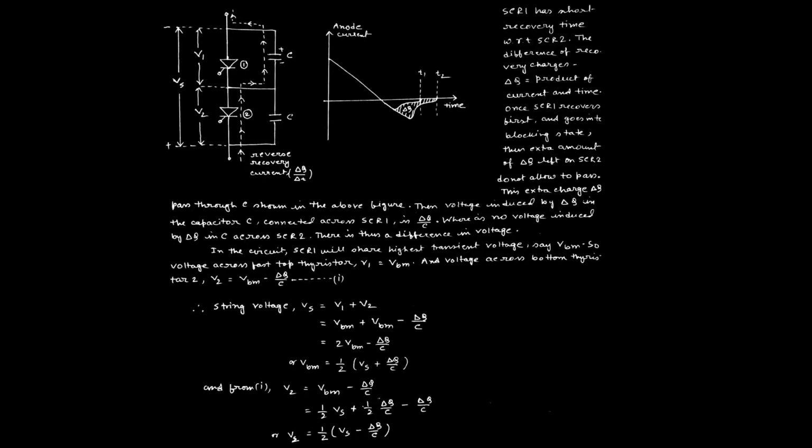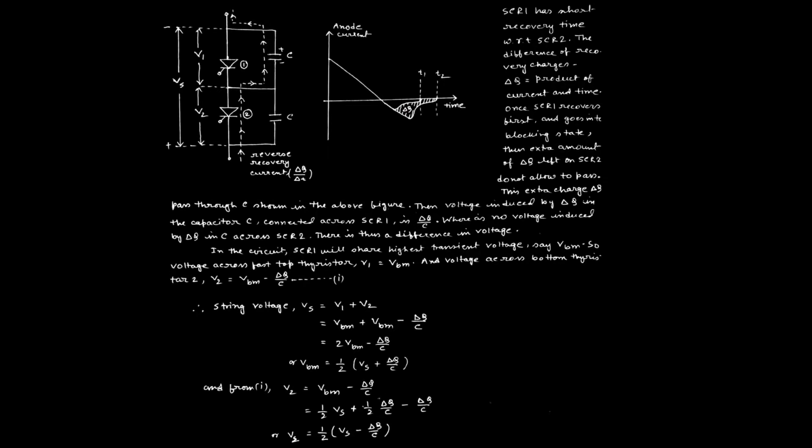Then an extra amount of del Q is left in SCR2, and these extra charges del Q pass through the circuit which is shown in this figure. That means when SCR1 has recovered first, SCR2 has still not recovered because it has some extra amount of charge, defined by del Q.